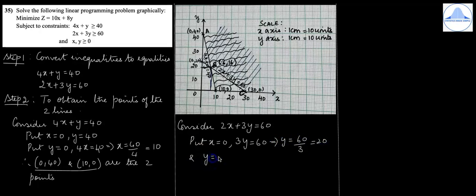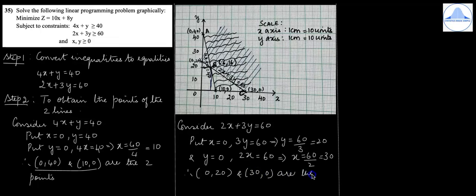Next you put y equal to 0, so you'll get 2x is equal to 60, which implies x is equal to 60 divided by 2, which is equal to 30. Therefore (0, 20) and (30, 0) are the 2 points.